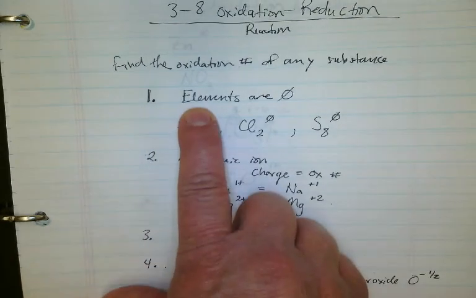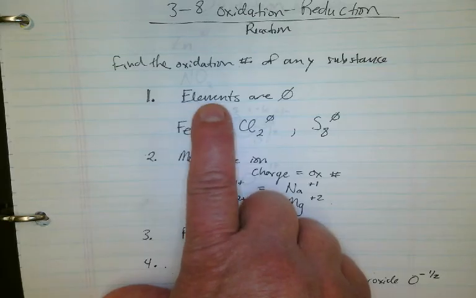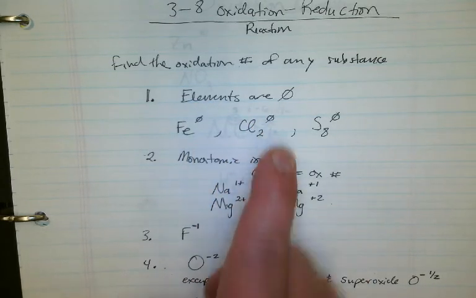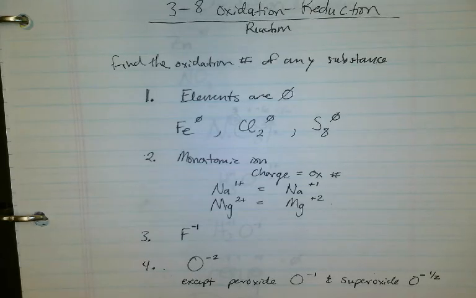All right, my favorite one. Favorite rule, number 1. Elements are always 0. So write those examples down because it's really important. Everybody thinks of just monoatomic elements, but really it's much deeper than that.